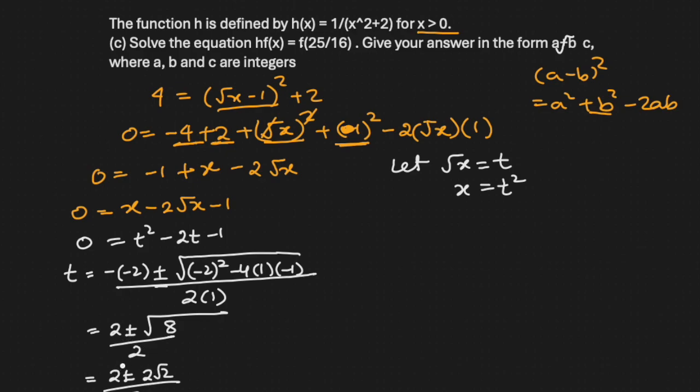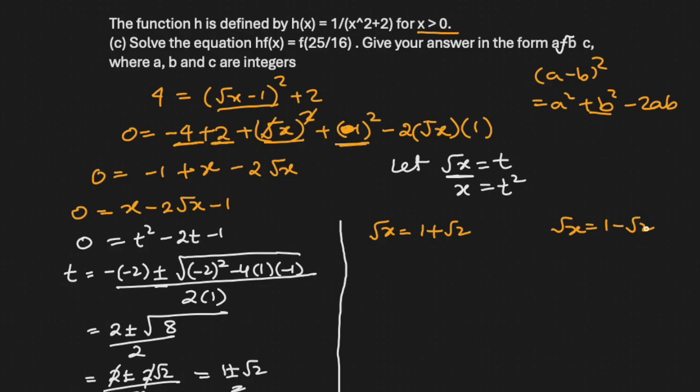Yeah, so all of them are 2, so the answer will be 1 plus minus square root 2. Yeah, but that is t. Our original t was square root x, so that's what I will use now. So square root x is equal to either 1 plus square root 2 or equal to 1 minus square root 2, and I'll square it to get the value of x.